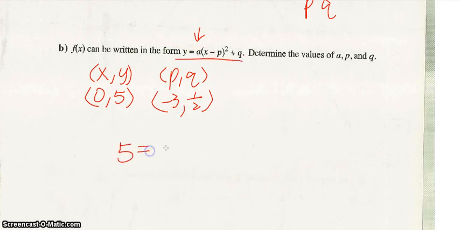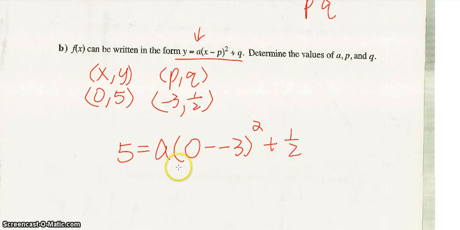y equals A, the unknown, times x, which is 0, minus P, which is minus negative 3, squared, and then plus half. To solve, first solve this part. Positive 3 squared is 9. Don't combine the 9 with the half. The 9 goes with the A. So 5 is 9A plus half.